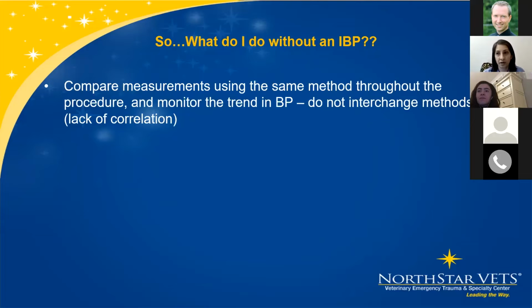But typically, if we have critical patients that we're concerned about, we can't get an art line, everybody tried, and we have concerns about how it's going to do under anesthesia, sure, we will use oscillometric units, but sometimes we will supplement that with placing a Doppler on another limb and then getting a baseline idea of, okay, before everything goes crazy, let's see what the Doppler says, let's see what the oscillometric says, and see how they jive, if they do at all.